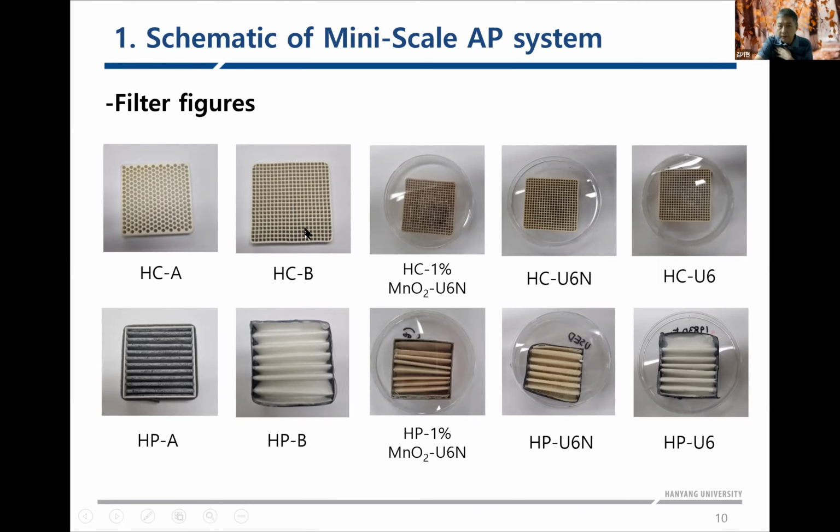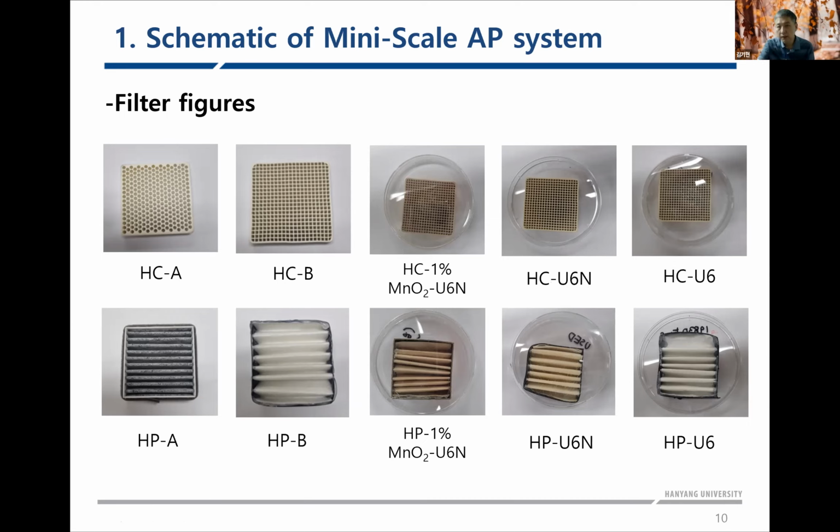This is honeycomb filter B modified using 1% of MnO2 on the U6N MOF material. This is the U6N material modified one, and also the last one is U6. So this is the most simple MOF U6 system we are using.